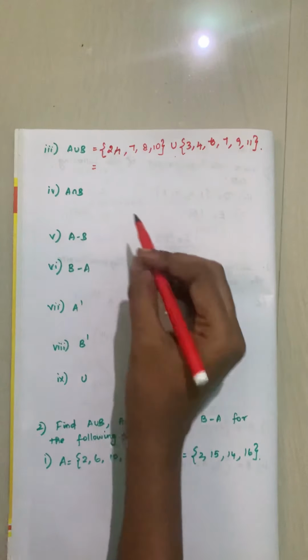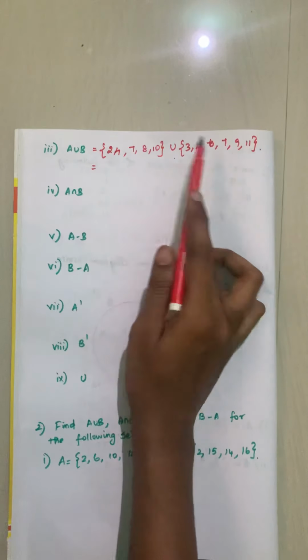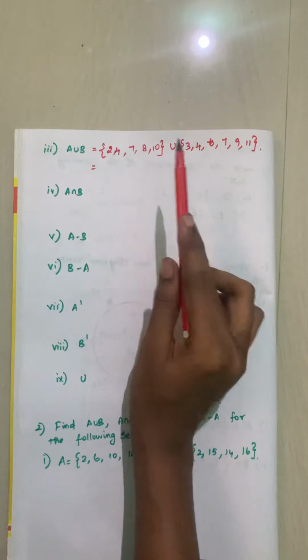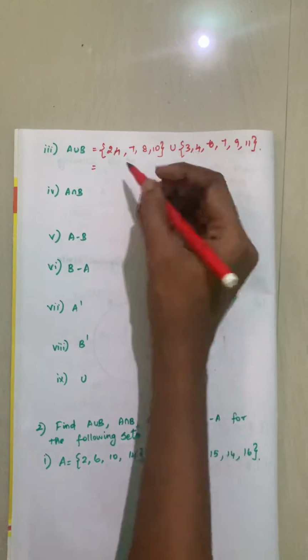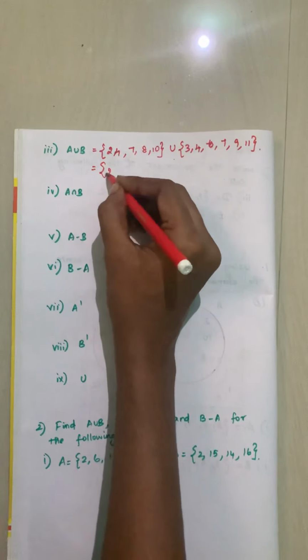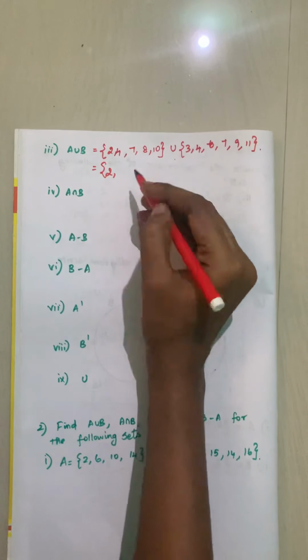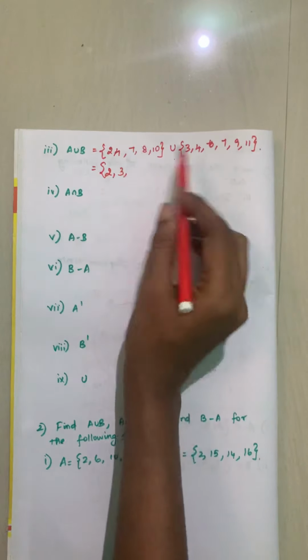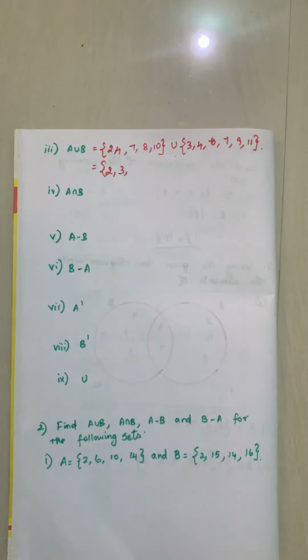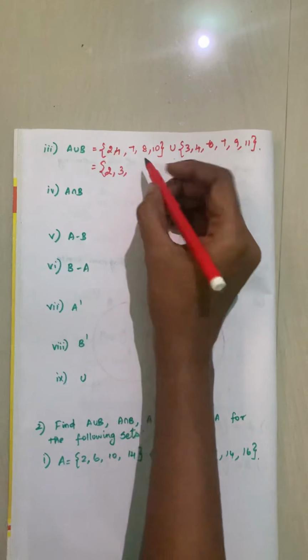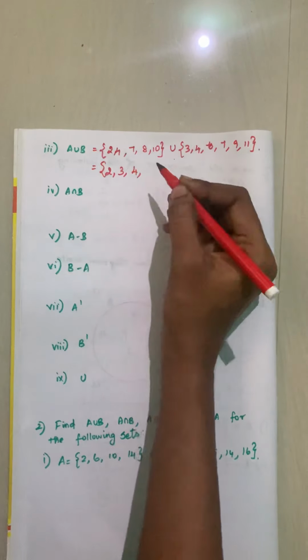Union means you have to join the whole elements, but if the elements are repeated, you have to write them only one time. See here, 2. Next, after 2, 3 is there. Write all, join all things. Union means you have to join, but you should write each element only one time. Next, 4: you have two 4s, but you have to write only one 4.